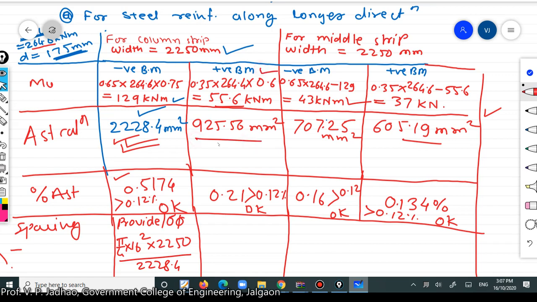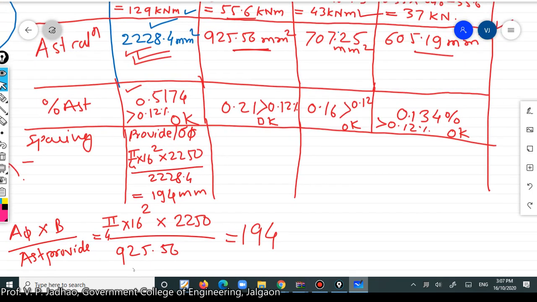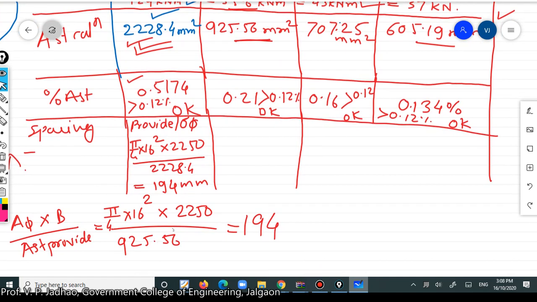Now for the positive bending moment of this column strip, we have calculated the steel as 925.56 mm square. So spacing will be, just change this value of steel provided. The total steel provided is 925.56 mm square, and instead of 16 mm bar, because the steel provided is very low, the spacing will be very large if we provide 16 mm bar.